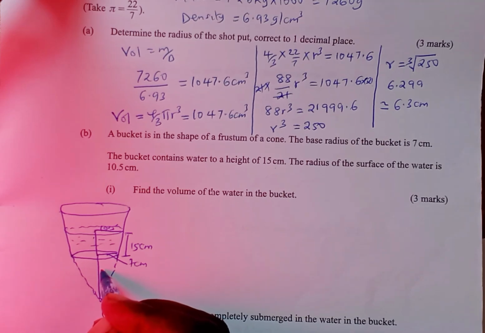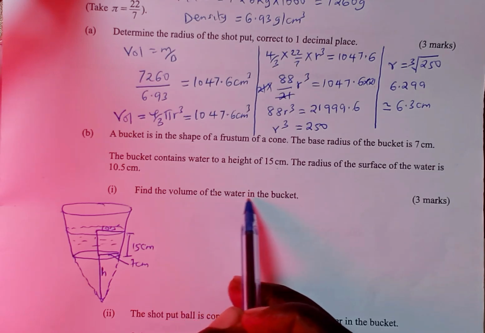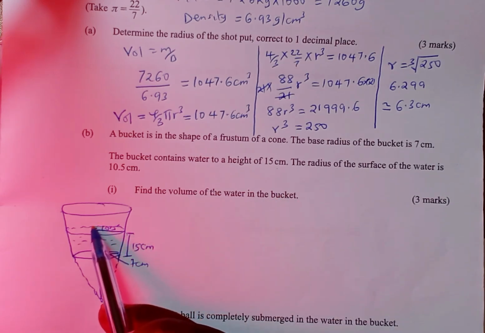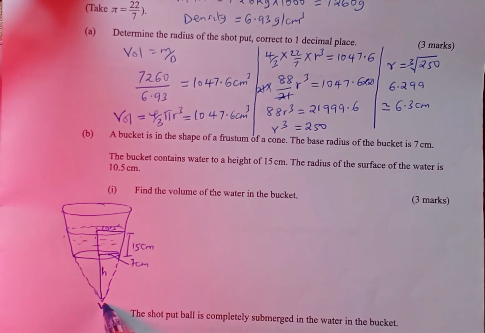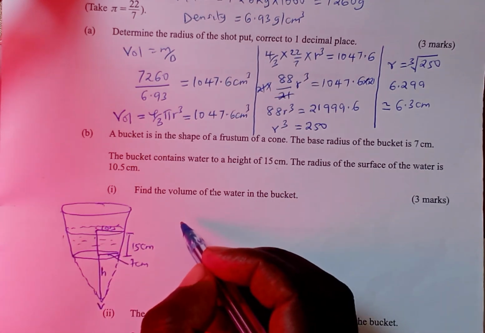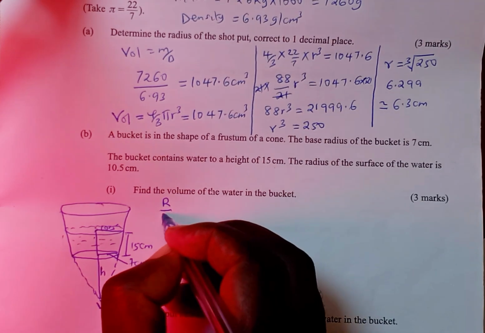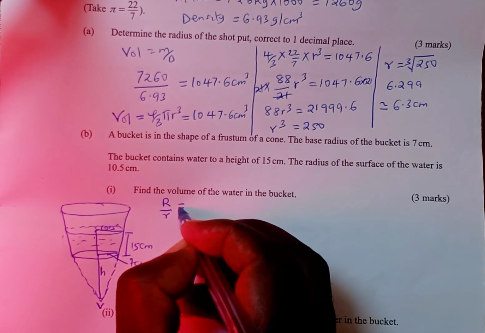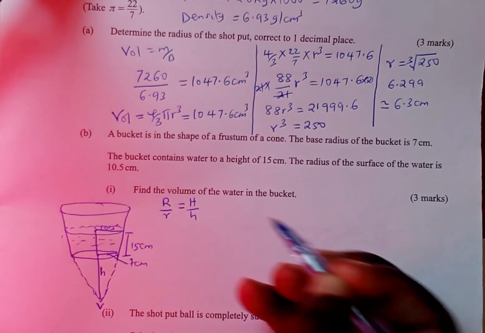We know once we have formed our cone, assuming the height of this smaller cone here is h. Now for us to get the volume of the water in the bucket, we must get the volume of the cone from this particular point, let me call it V, to this point here where we have the surface of the water. And from similarity and enlargement, if we take the bigger radius over the smaller radius, this must give us the capital H over the small h.